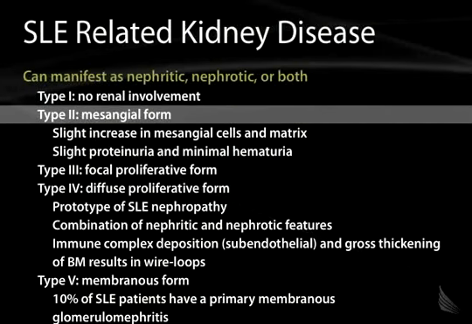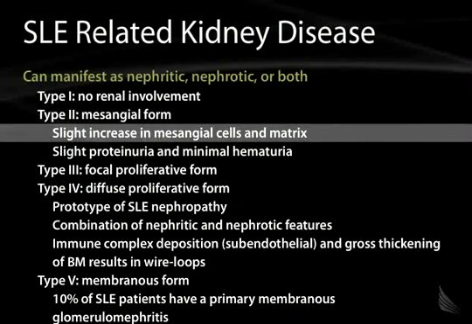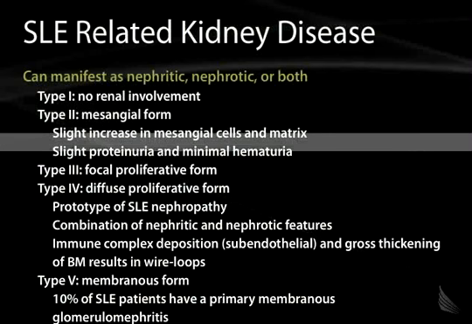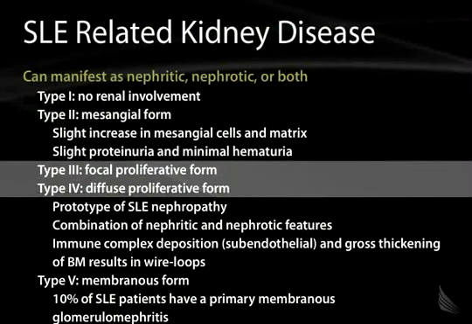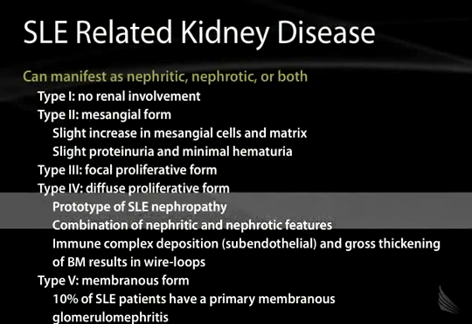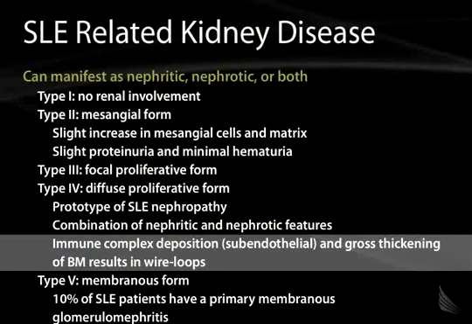Type 2 is a mesangial form, in which predominantly what you see is expansion of the mesangial matrix, both in cellular forms and in deposits in the mesangium. Here you see a slight proteinuria and minimal hematuria, not very severe. Types 3 and 4 are proliferative forms, in which you see subendothelial immune complex deposits and thickening of the basement membrane.